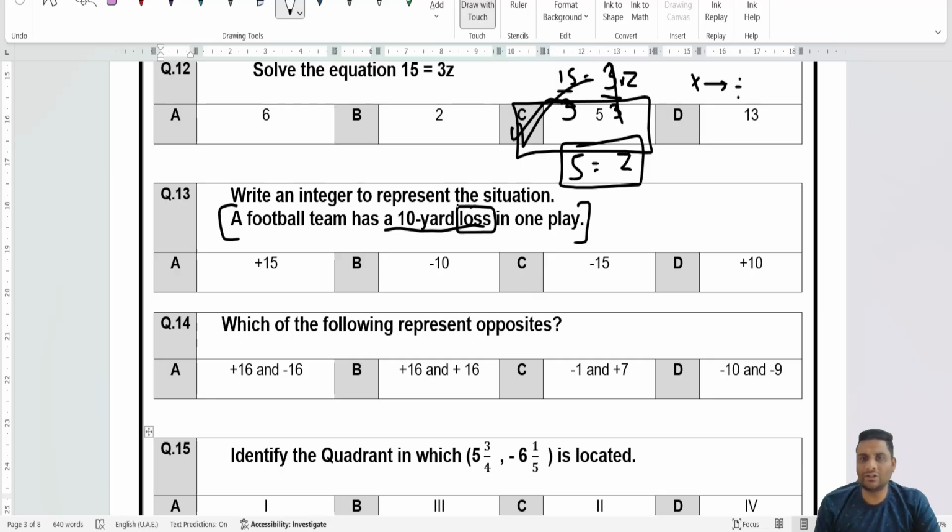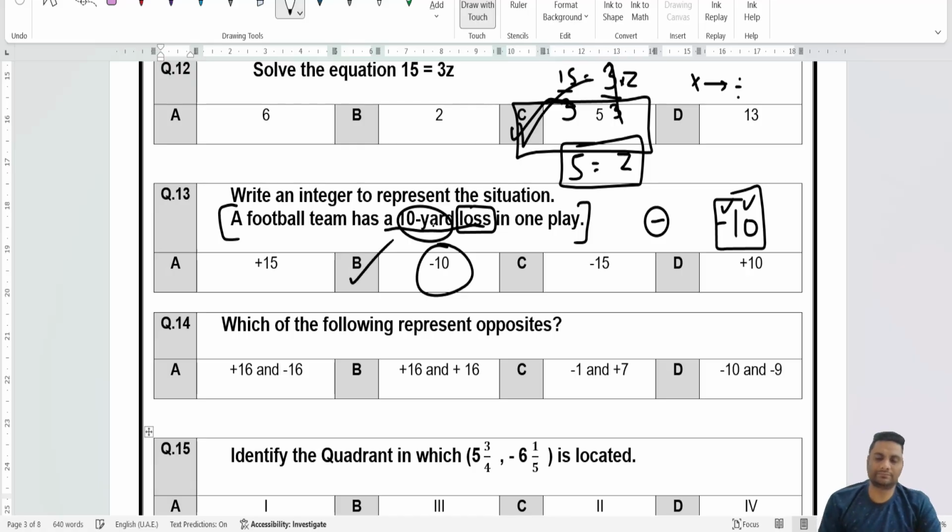Loss means we are winning or losing. We are losing. Losing means plus or minus. Losing means minus. And we are losing by how much? We are losing by 10 yards. So I can represent it with the help of minus 10. The minus 10 shows that we are losing by 10. So minus 10 here.